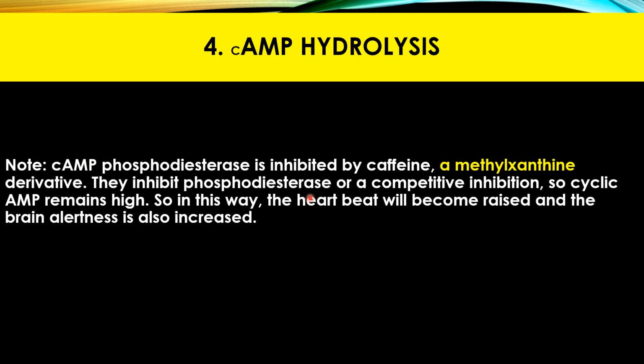They inhibit phosphodiesterase as competitive inhibitors, so cyclic AMP remains high. Obviously, when caffeine inactivates the phosphodiesterase, cAMP persists. So in this way, the signal will be generated continuously, the heart rate will be raised, and the brain alertness is also increased. Thank you very much.